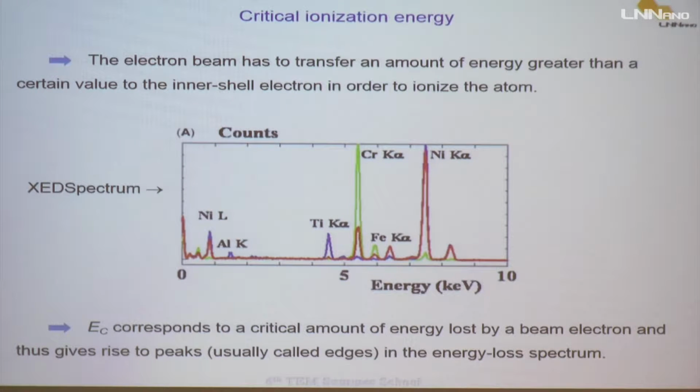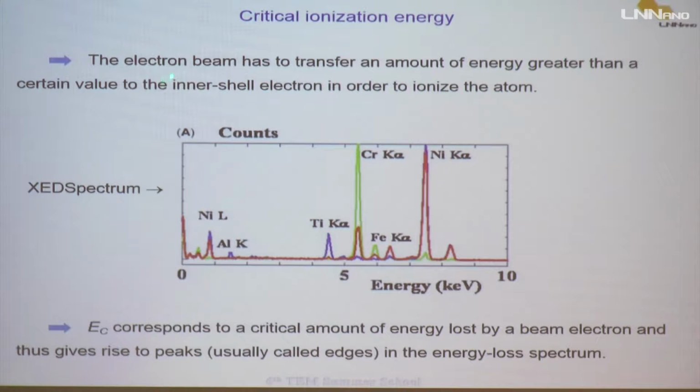For the generation of the X-ray photon, we have the same as we have in EELS. The event that generates an EELS signal, an energy loss electron, is the same event that generates an X-ray. This is very important to keep in your mind. Then we have a critical ionization energy.